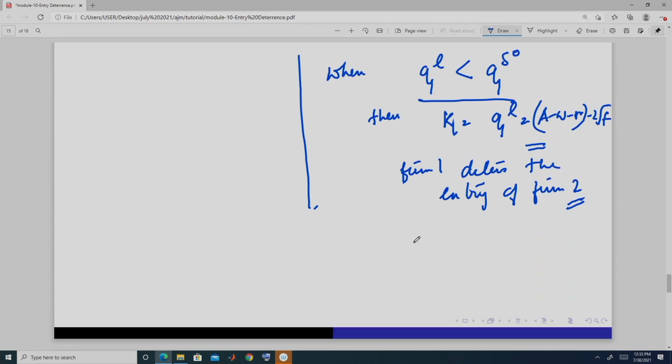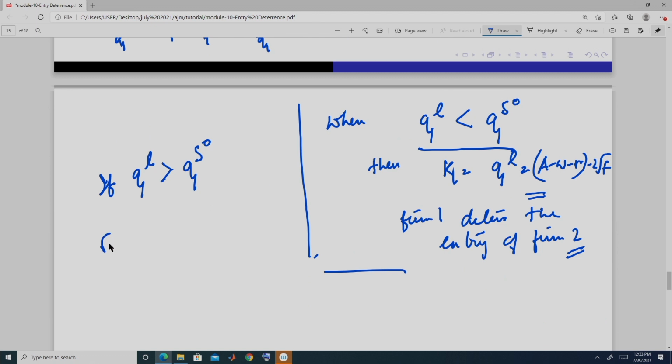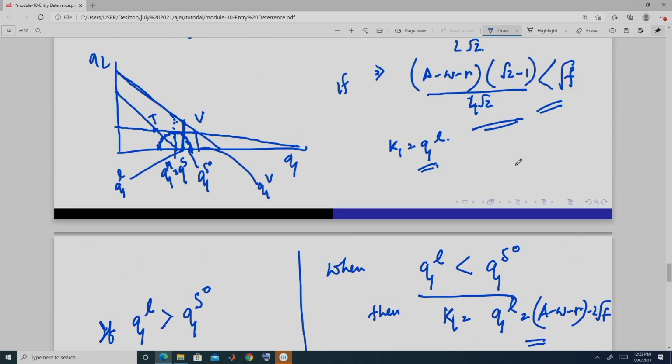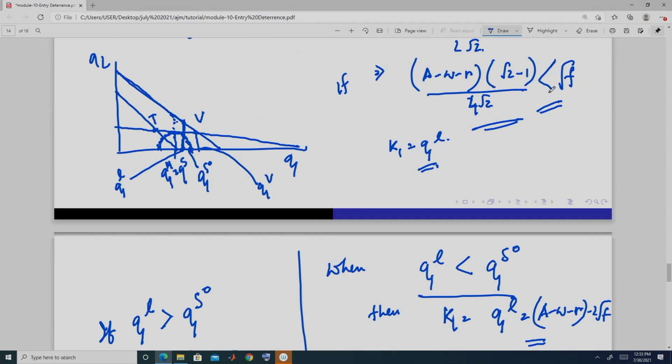But if the case is opposite, that is, if Q1 this is greater than Q1S naught, that means you just change the sign of this, that is √2 minus 1 for √2, it should be this here.